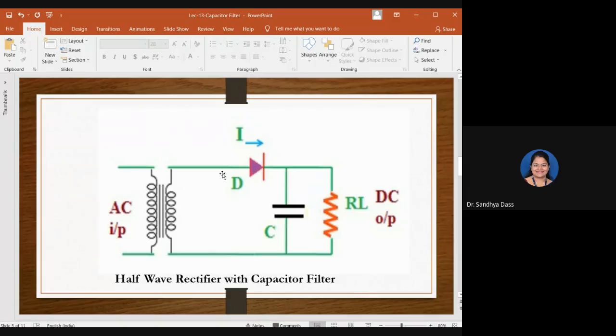The input, which is varying sinusoidally, reaches Vm and then drops back below Vm. But the potential at the capacitor is maximum now. So the voltage at the cathode is Vm and at the anode it will be less than Vm. So the diode will now be reverse biased, so it will be turned off.